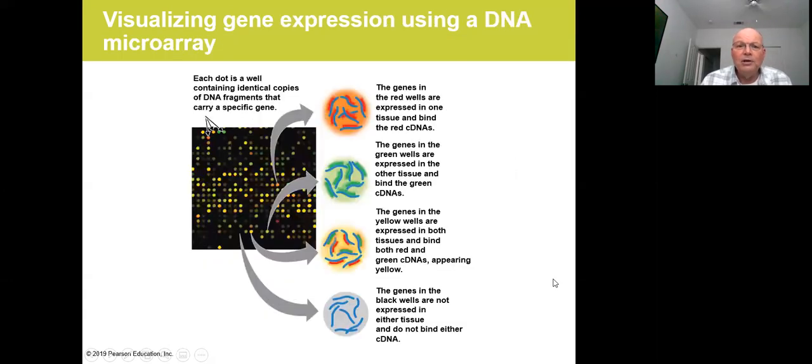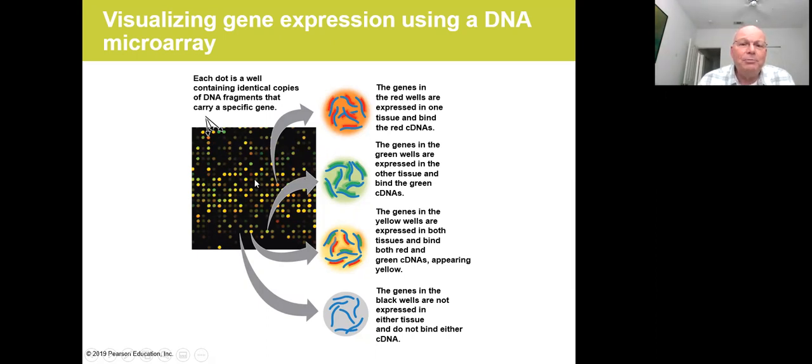in these wells. So here's a picture of a DNA microarray. In this case, we've got two probes. One probe is red in color, one probe is green in color. And so inside each of these wells, you've got the target DNA being taken from different cells, and you're taking a look to see in which cells each of the genes that are being probed for are active.